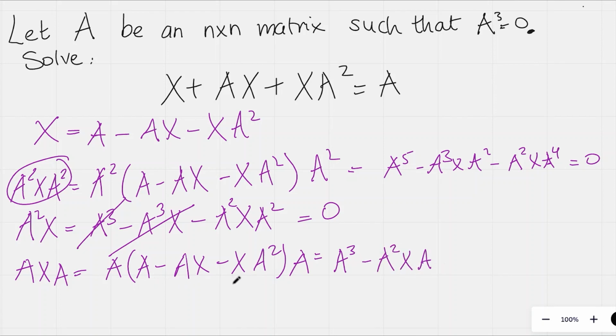And then I'm going to get a times x a squared times a cubed, so minus a x a cubed. So this term vanishes because it's got an a cubed in. Same with this one, it's going to vanish. And then this term here has got a squared x in it, and we just showed that a squared x is 0, so this bit here is 0. So overall, this is also going to be 0. So we found another matrix which is 0, a times x times a. And we're going to see if we can find any more.